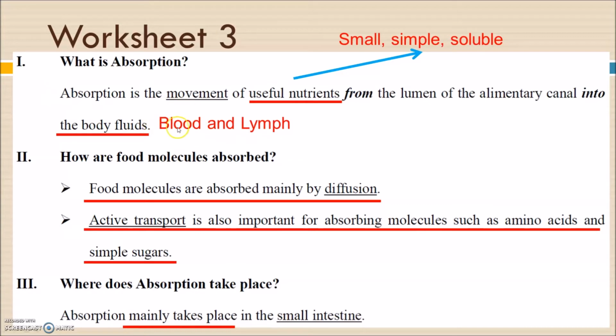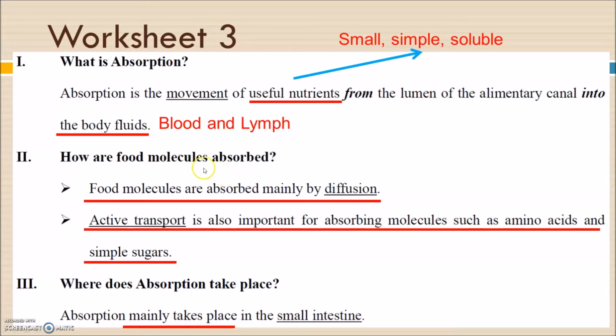The water soluble substances will go to the blood capillaries and be carried by the blood. The fat soluble digested food will go to the lymph, into the lacteal, and then be carried by the lymph. So remember that absorption is a movement, and that's why we need to consider the direction, and also how we can transport the digested food.